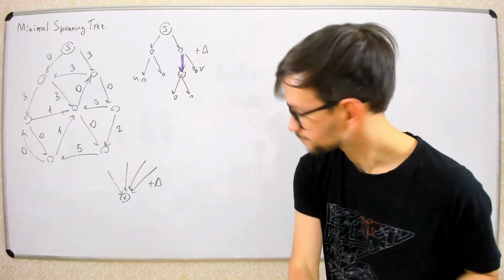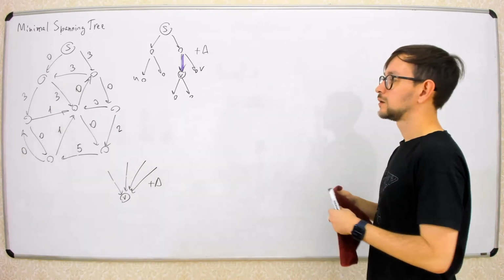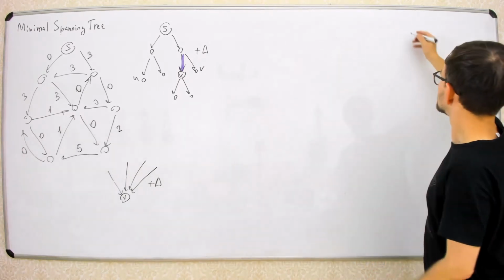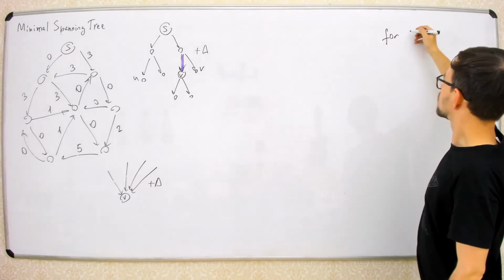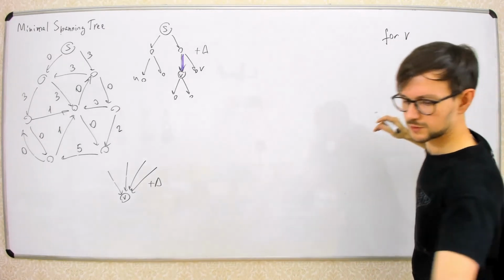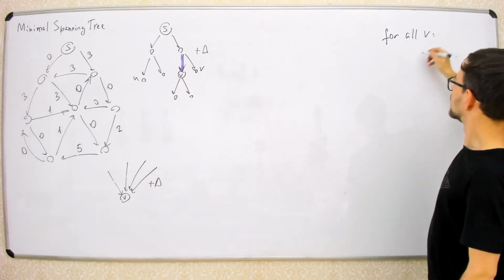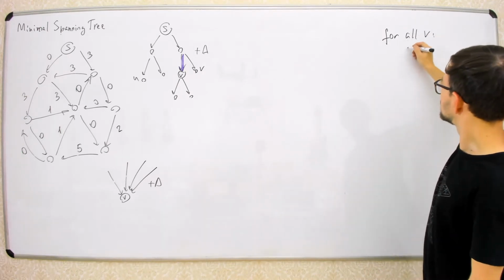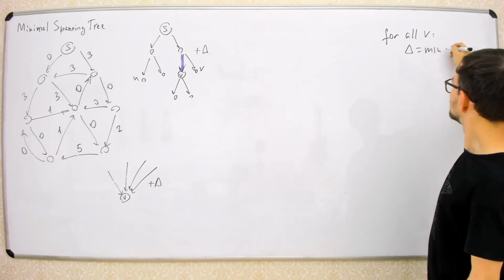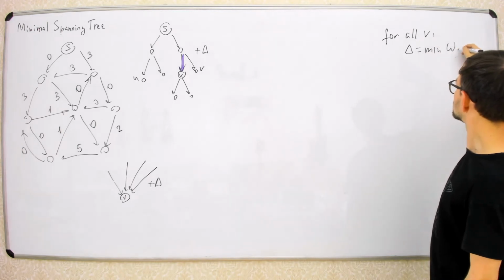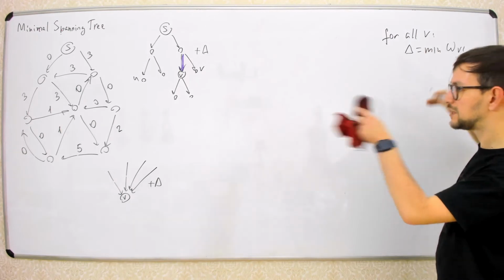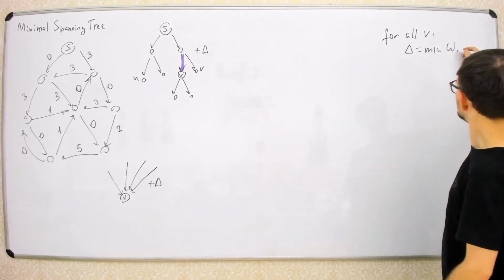Now, okay, let me write the algorithm here. So we iterate over all nodes. Let's make it for all v. Let delta be the minimal cost of an edge going into node v, so over all uv.